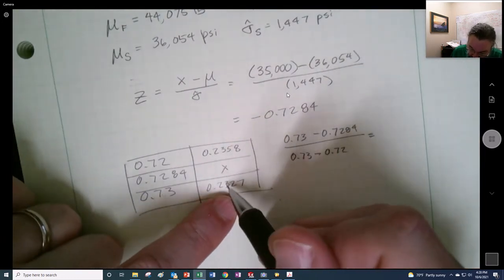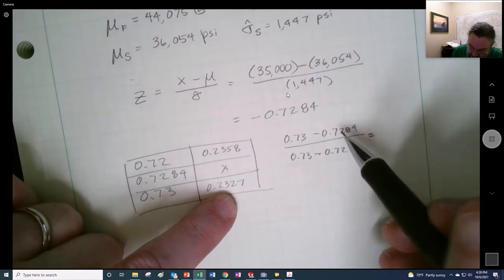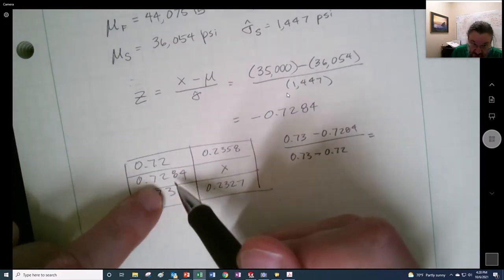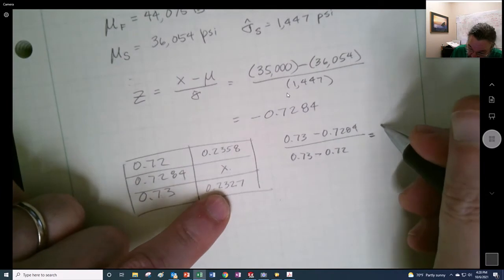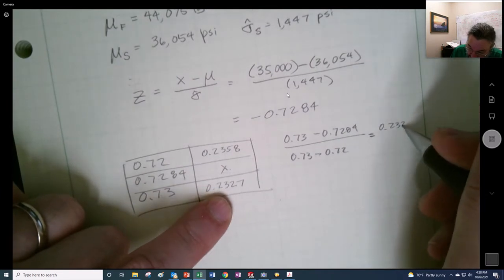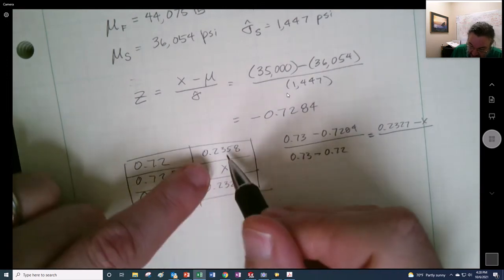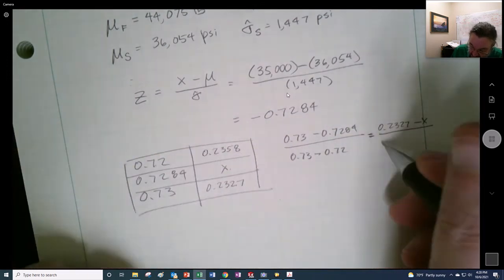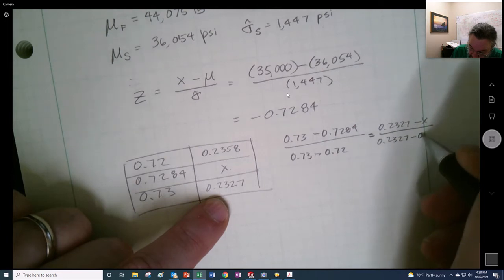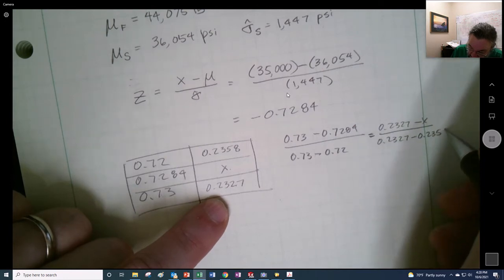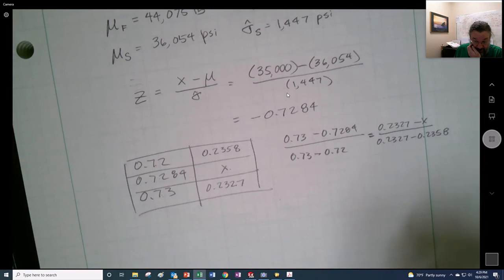I'm going to take that and subtract it from there, right? You see we subtracted this from that, so we have to subtract that from this. So 0.2327 minus x divided by that minus that, right? So as long as we are being consistent right here, we'll be fine.